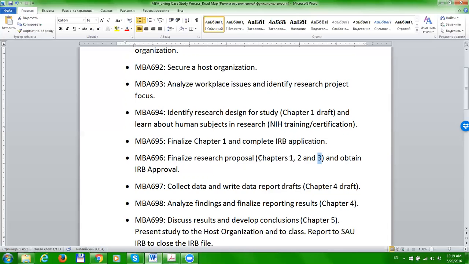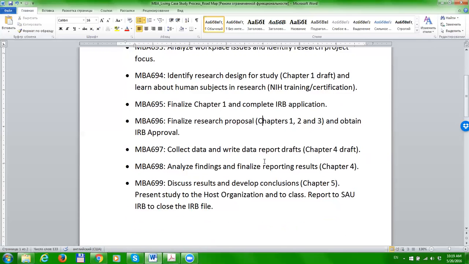So chapters 1, 2, and 3 are called the research proposal. You will finalize your research proposal during this course, and while working on your chapters, you will obtain an IRB approval. Then in the following course, 697, you will collect data.